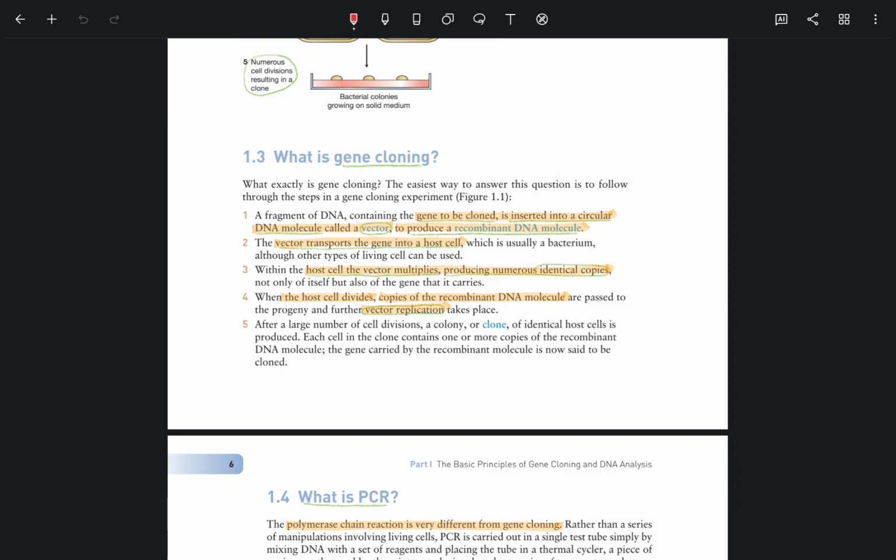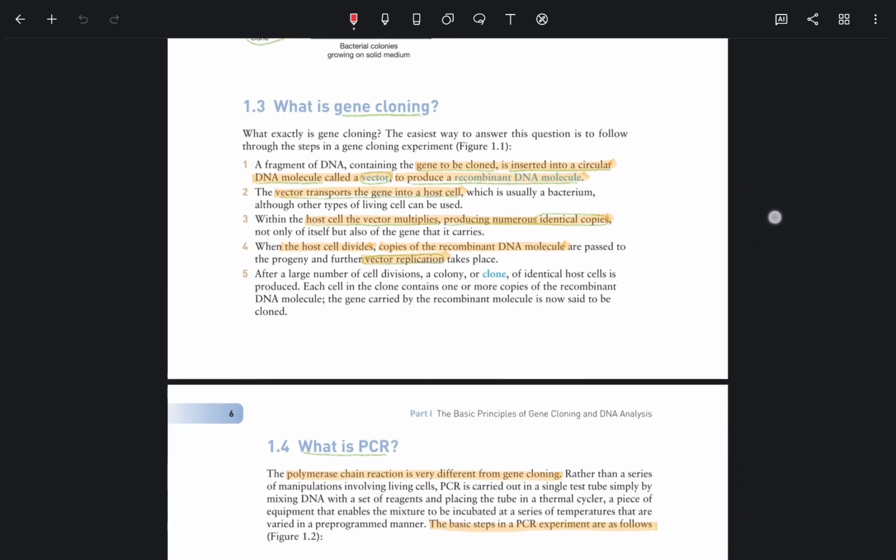Within the host cell, the vector multiplies, producing numerous identical copies not only of itself but also of the gene that it carries. When the host cell divides, copies of the recombinant DNA molecule are passed to the progeny and further vector replication takes place.